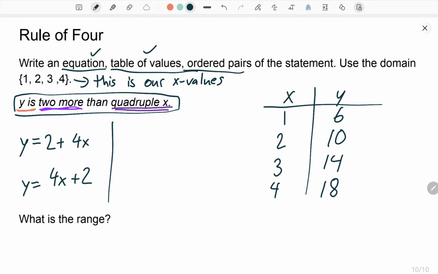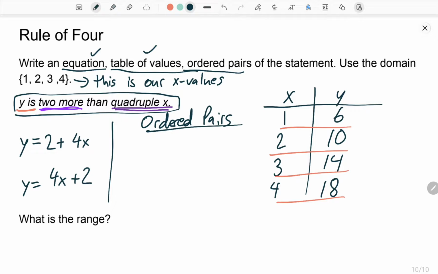Next, we have our ordered pairs. So our ordered pairs, well, that's just taking directly the corresponding x and y values, writing them out as a pair. So I'll write that here, ordered pairs. They're going to be, well, what goes with x equal to 1? Well, the 6 value. So it'll be (1, 6).